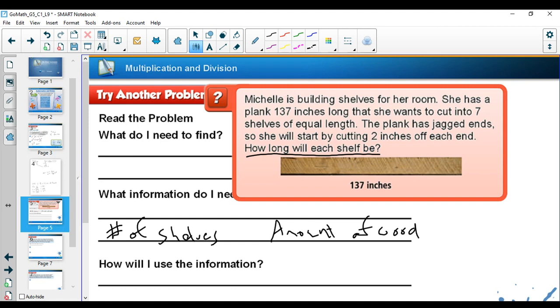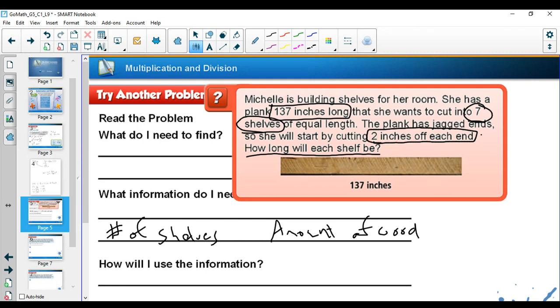So we're going to look back here and we see that she has 7 shelves that she wants to make, right? So that seems important. We also know that her plank is 137 inches long. Now that kind of seems like the amount of wood, but if we keep reading, we'll see that the plank has jagged ends. And so she's going to start by cutting 2 inches off of each end, right?